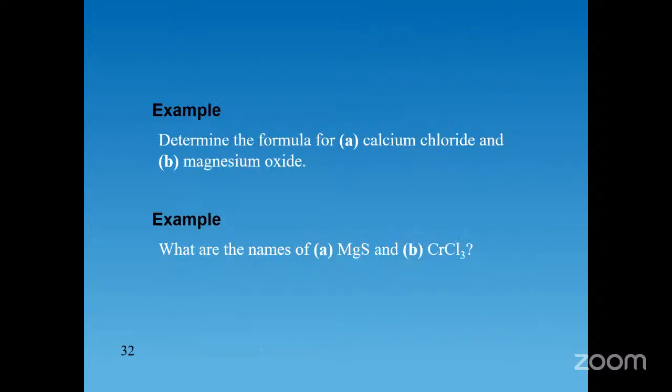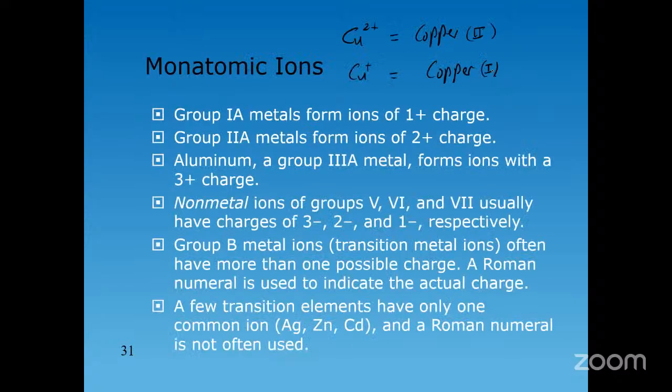Okay, so as stated down here, there are some transition elements that do not display more than one charge, right, in their ions. In those instances, you do not use Roman numerals, right?